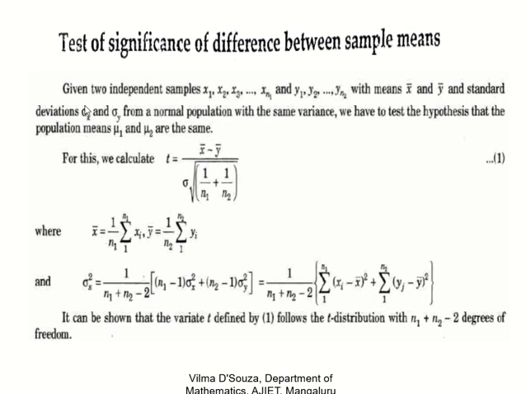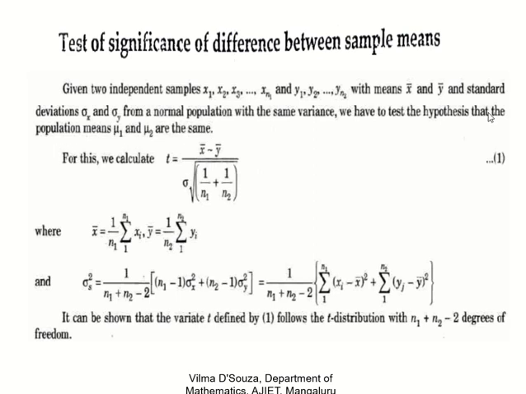The standard deviation of the first sample is sigma x and the standard deviation of the second sample is sigma y. These are drawn from a normal population, that is, a population which follows normal distribution, and both have the same variance. Then we have to test the hypothesis that the population means mu1 and mu2 are the same.